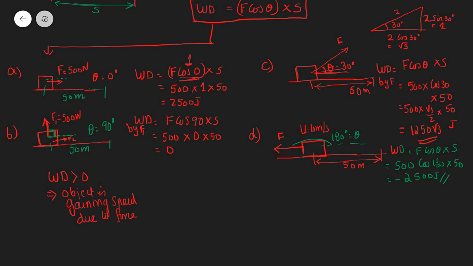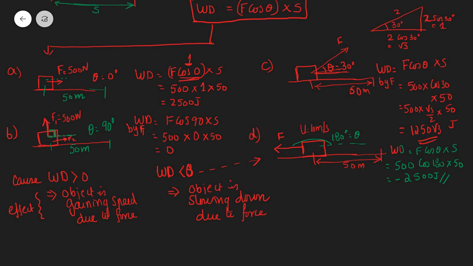And as you remember, this is a cause and this is your effect. And if your work done is less than 0, like in this particular case, this implies your object is slowing down due to force.